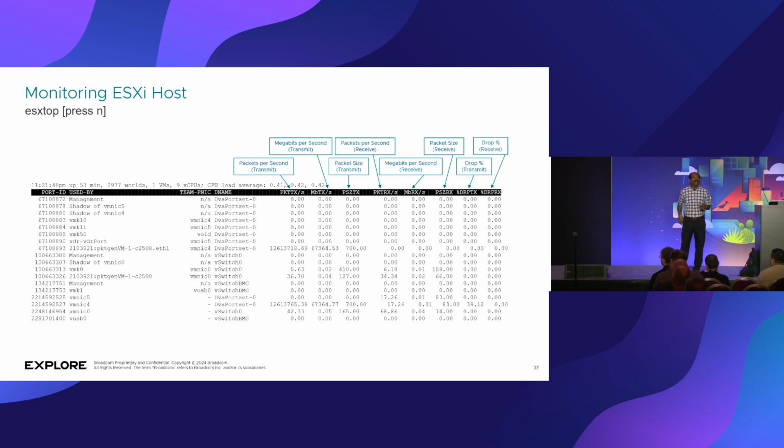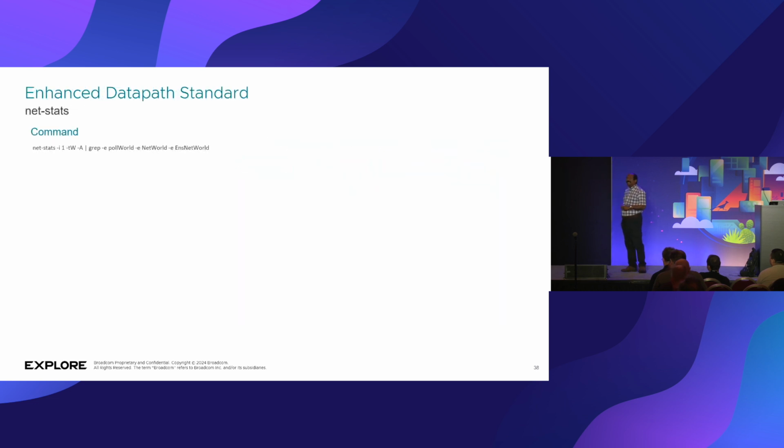So it basically captures everything. Again, this is one of those reference slides if you ever need to use it. Also, you can look at the compute side and see if something is getting pegged at 100%. That's also a sign of some issue or problem. But a better way to look at CPU usage is the net stats.